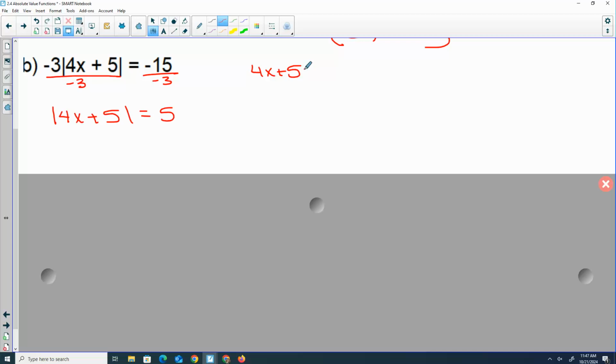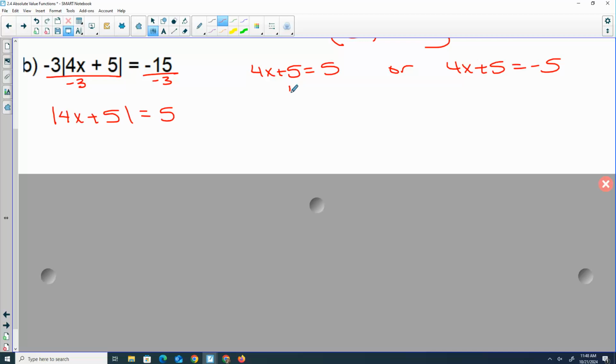4x plus 5 equals 5, or 4x plus 5 could equal a negative 5. Could be a positive or a negative inside that absolute value, because both are the same distance from 0. Okay, from here then we just solve.